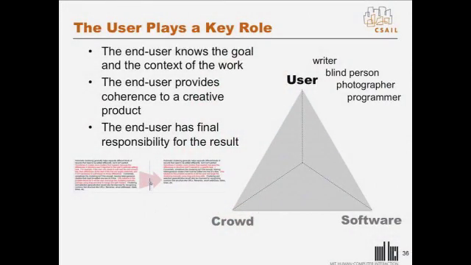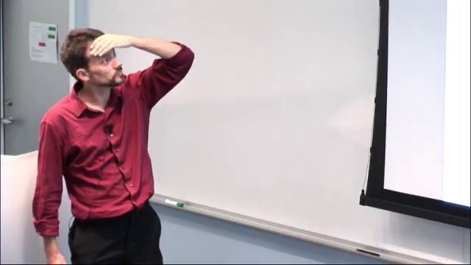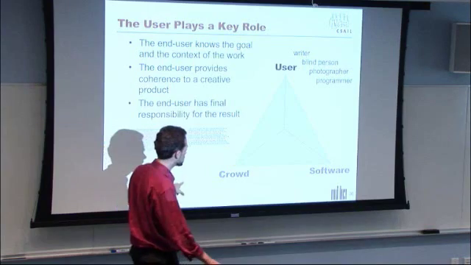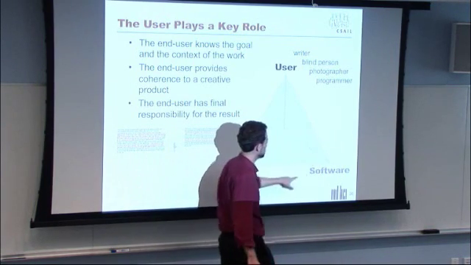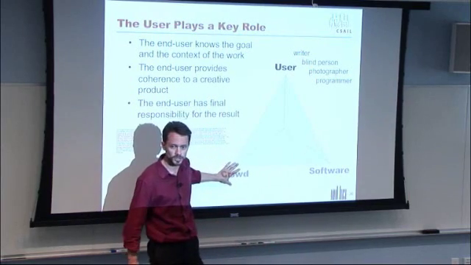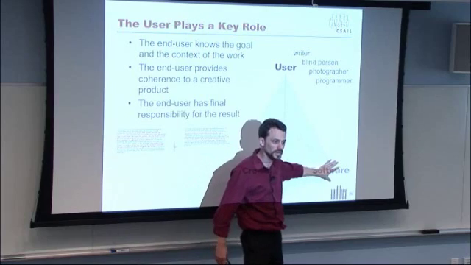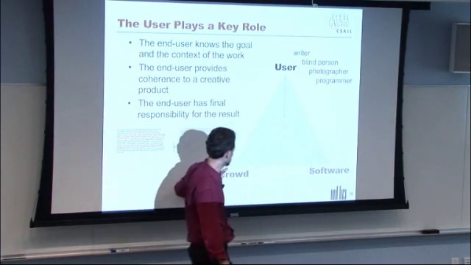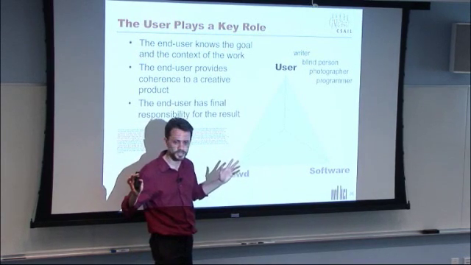Looking at the user peak of this, I think the end user is still going to be a crucial part of this system. There have been experiments that try to look at systems that are purely small contributions from random people on the internet, mediated by some software that's coordinating them. I'm not too optimistic that a crowd is ever going to write the greatest American novel.